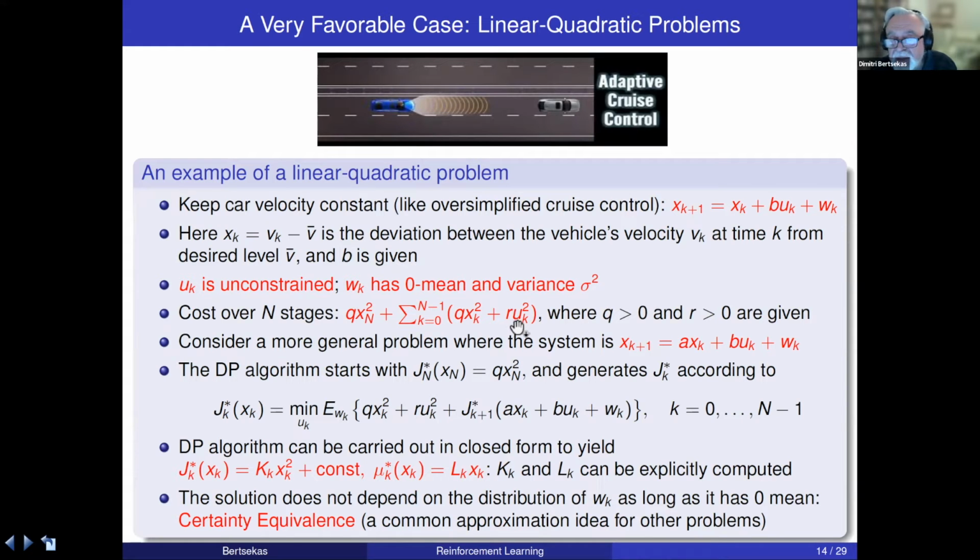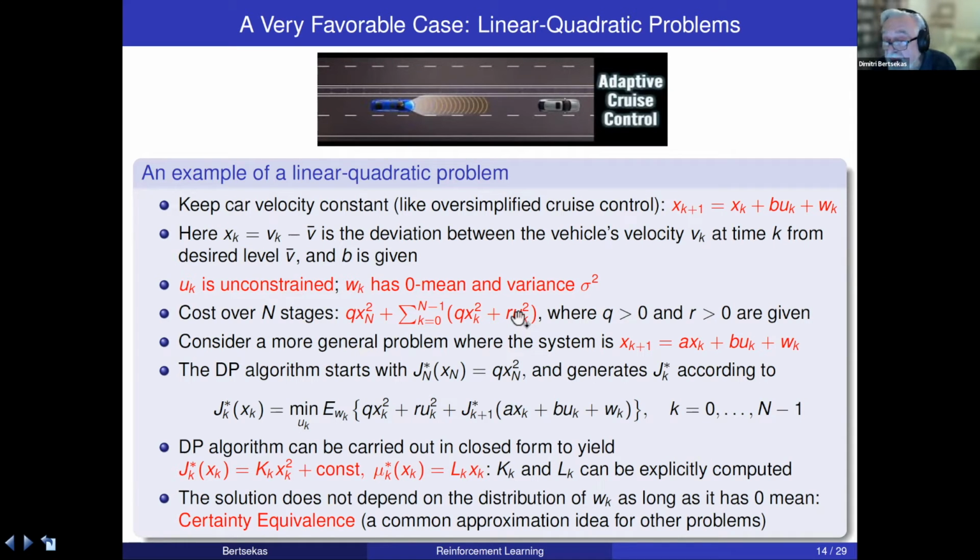The other is that there may be constraints on the control, and we want to keep this control small in order not to violate the constraint. For example, in this cruise control problem, the throttle can only push you so much, okay? It has a limit, an upper limit. So that's what this quadratic penalty serves, to keep the control small, not to violate the constraints. So these are the basic reasons for a quadratic cost.